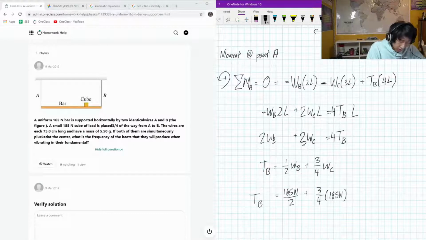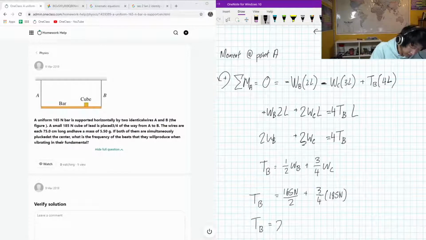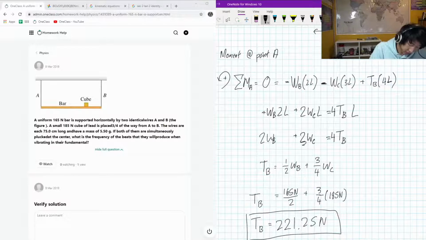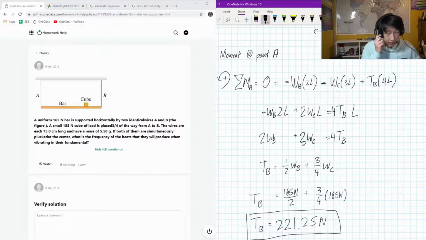Times 165 over 2 plus 0.75, the same as 3/4, times 185. Cool. So in this case, our tension in cord B is going to be equal to 221.25 newtons. That's our tension in B.